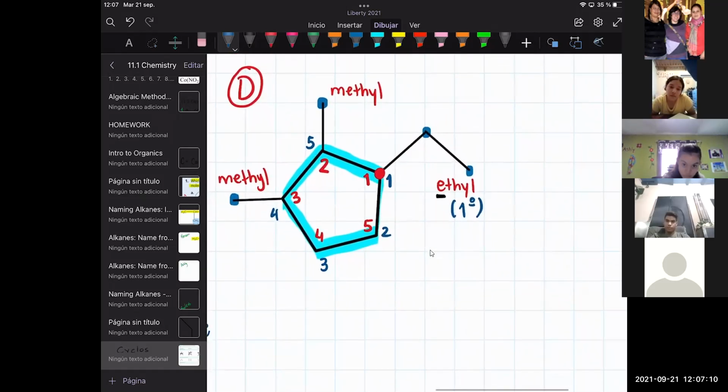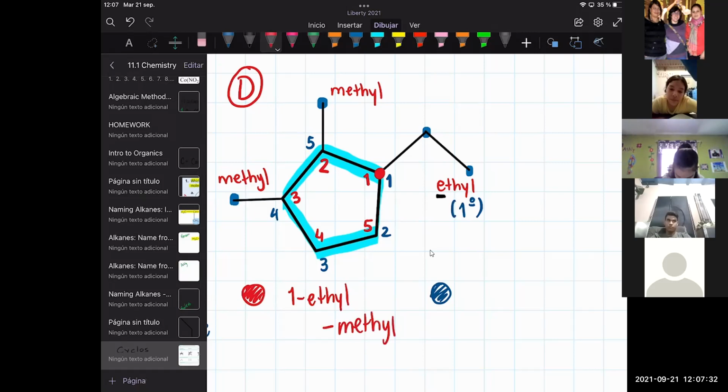Now you're going to have 2 ways to name it, the red path and the blue path. In the red path, you have ethyl located in the position 1. And in the red path also, you're going to have methyl located in the positions 2, 3. And because I have 2 methyls, it is going to be dimethyl.